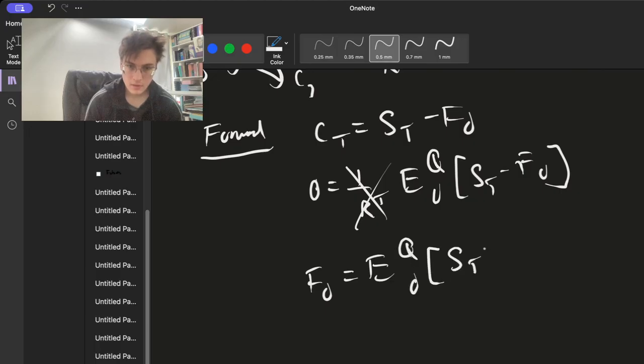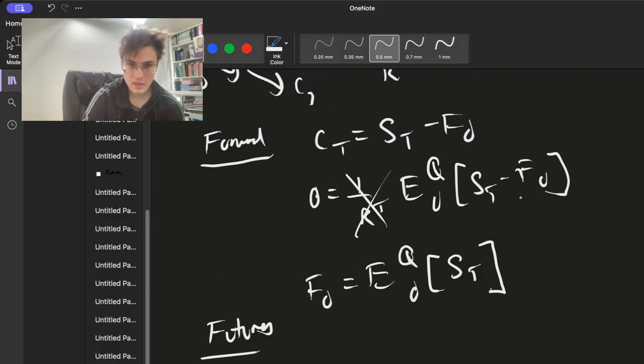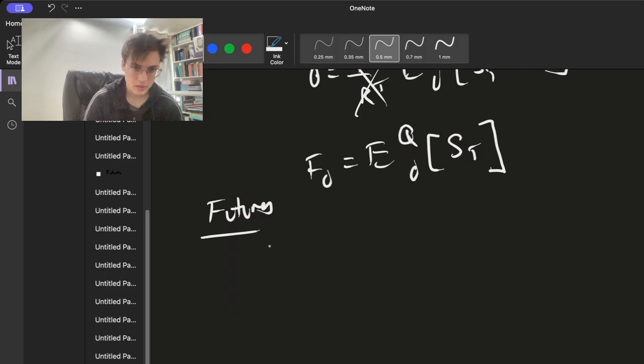Now in the case of futures, we get a payout every single period, so we can't quite make this sort of derivation. The best that we can do, since it also costs 0 to enter into a futures contract, is to move one step into the future.